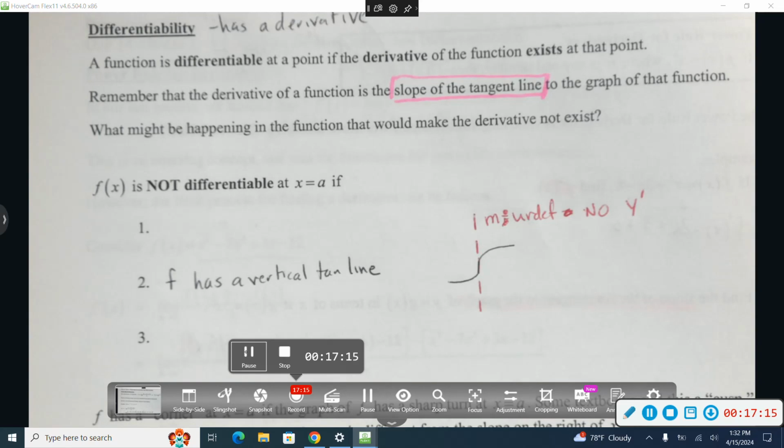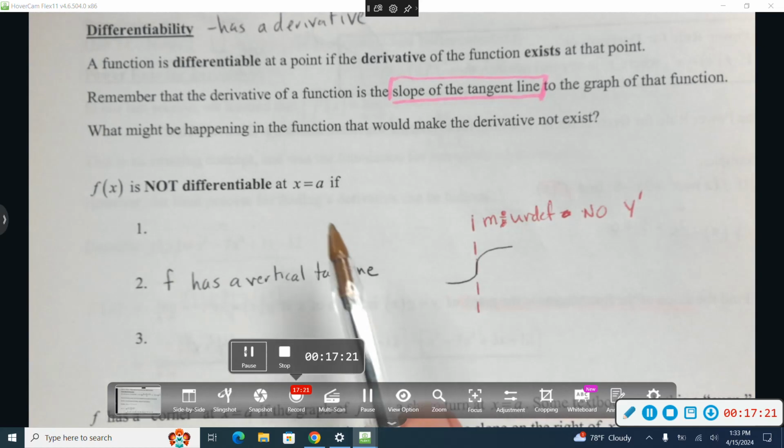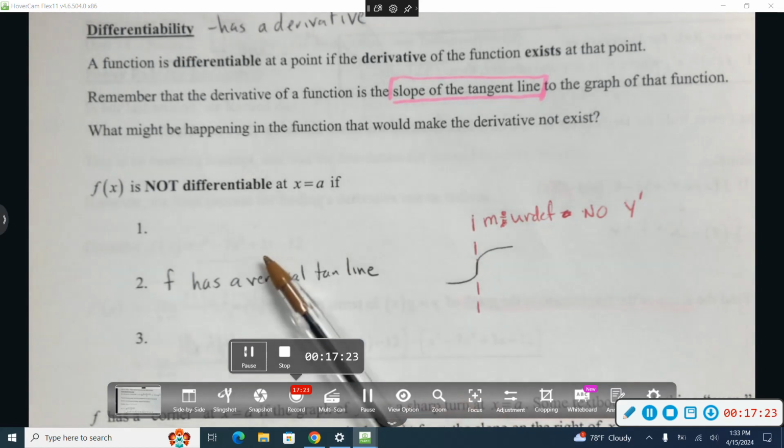Okay, so you guys got one of them. Asymptotes is a good guess and it kind of fits this, but asymptotes, there's no function there. So that fits with what you said earlier. You're right, there's no derivative at the asymptote, but that's because there's no function at the asymptote. Wait, say that again then? A hole.